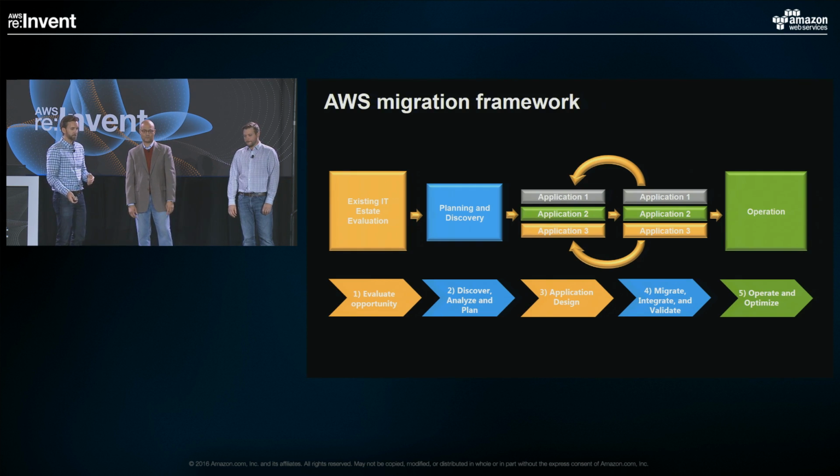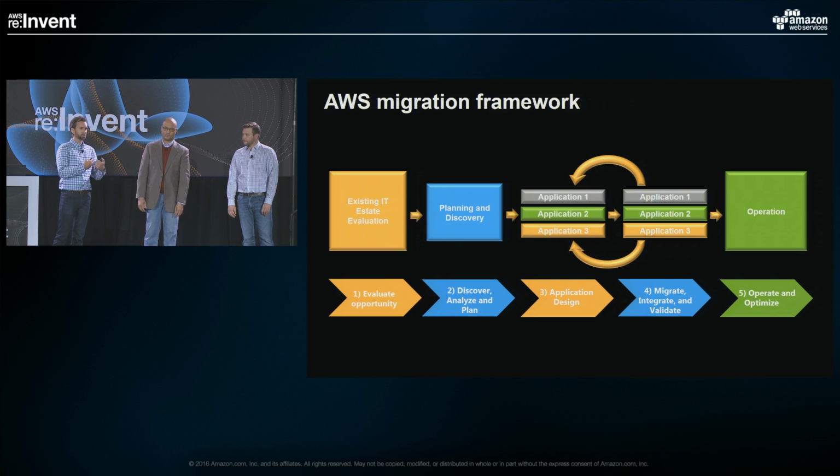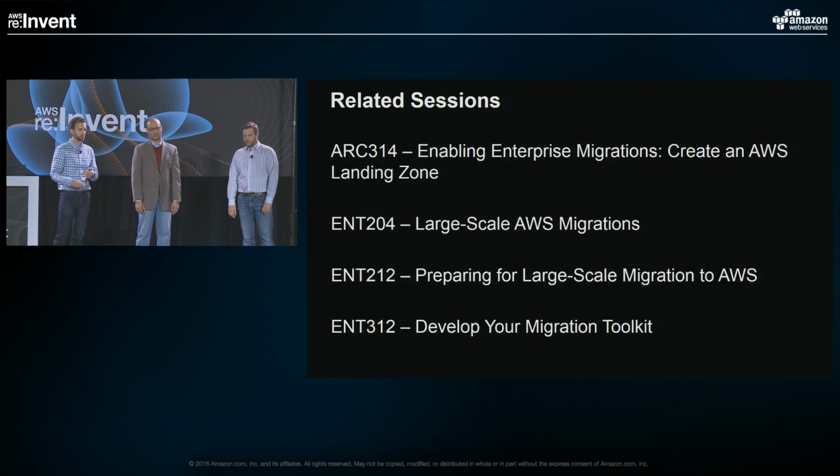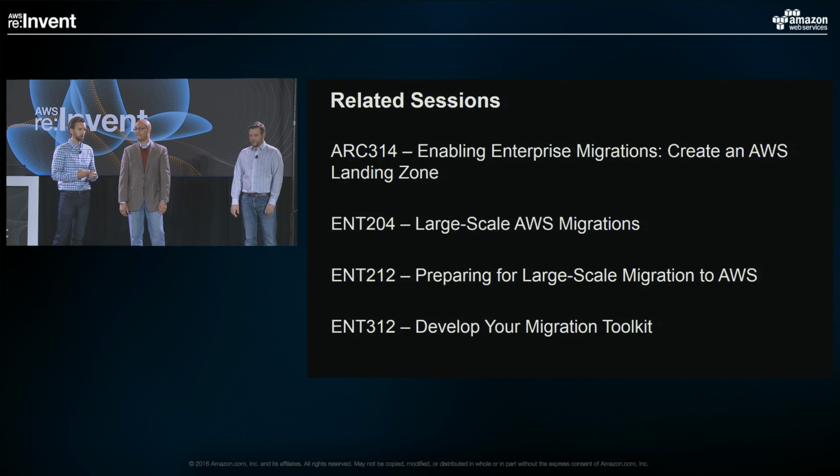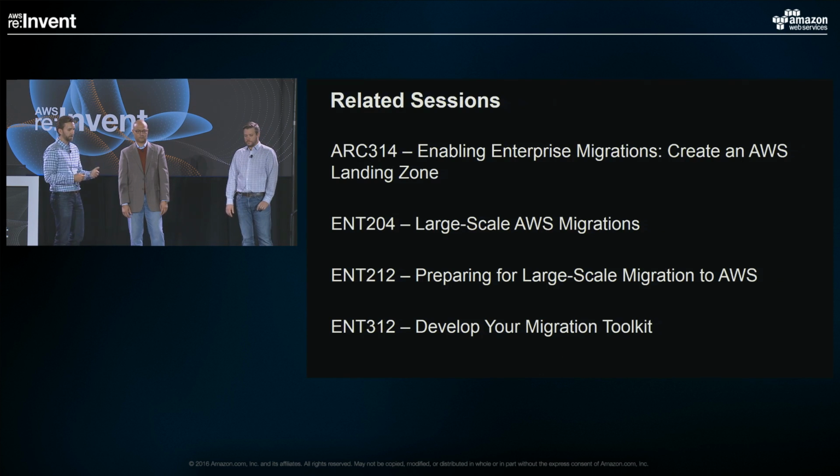There are a lot of great sessions that tee up and butt up to where we've ended this journey. If you remember, we're kind of at the edge of that number 2. The other related sessions that are done by many of our colleagues here are around the AWS migration. The one I want to call out is the one at the bottom, the Develop Your Migration Toolkit. It's the one that's tightest with this presentation.